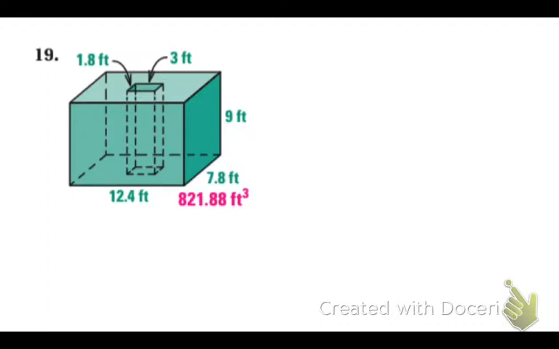So they want you to find the volume that is inside the bigger box, but does not include this box here. So we want him to go away. Now we can find the volume of both the big box and the little box, we subtract them, and then we have the part that's left over. And that's our general approach.